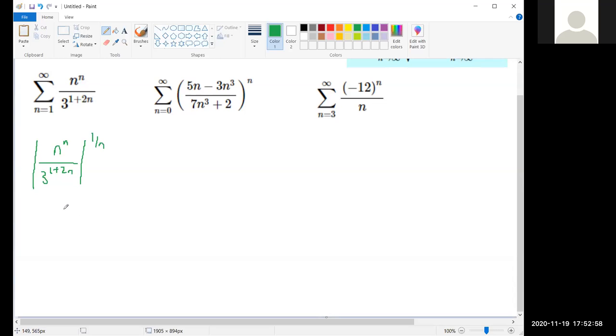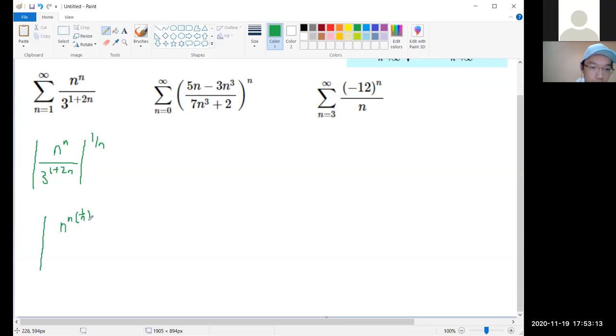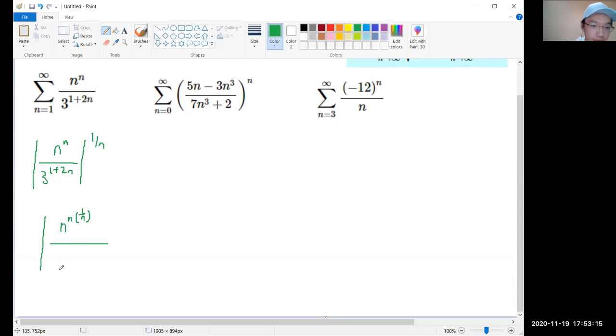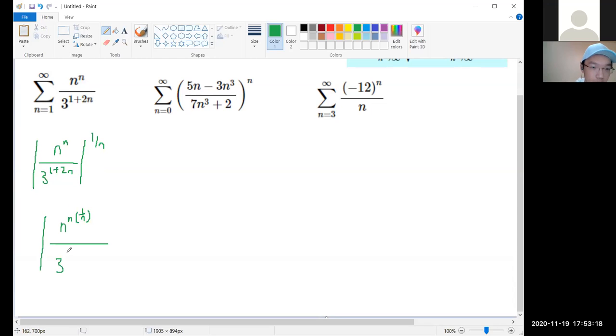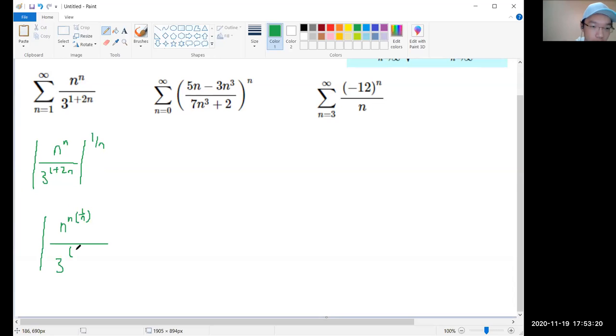When you have the whole thing raised to an exponent, you can sort of just distribute the exponent to the numerator and denominator. So it becomes the following. n to the n times 1 over n, divided by 3 to the power of 1 plus 2n times 1 over n. Okay, so you're able to do that.